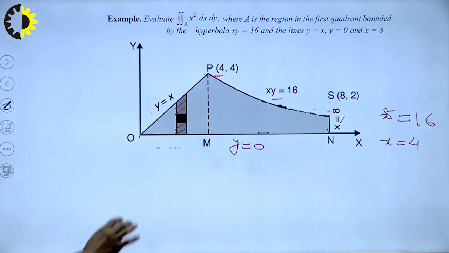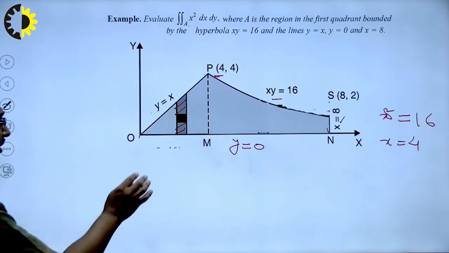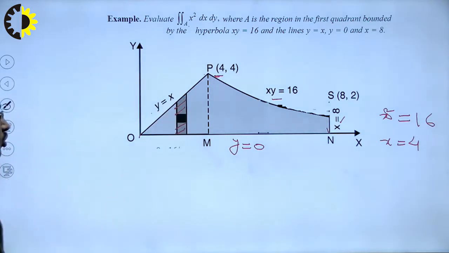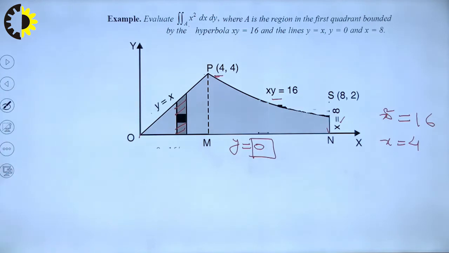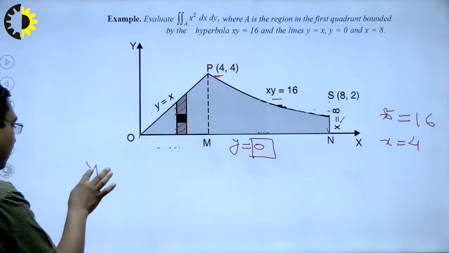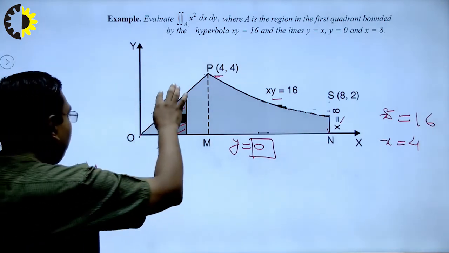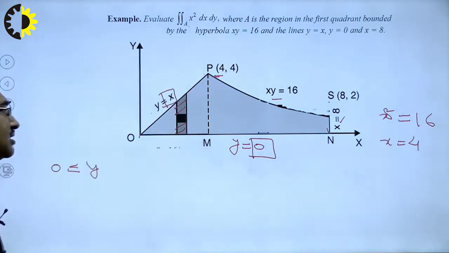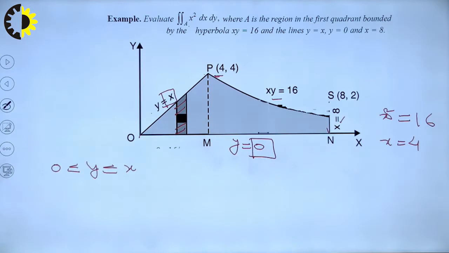At first sight, when I try to calculate the limits for this region, we observe that the lowest point of this slice lies on the line y equal to 0. So the lower limit seems to be 0. The upper limit lies on the line y equal to x, so the upper limit of y is x.